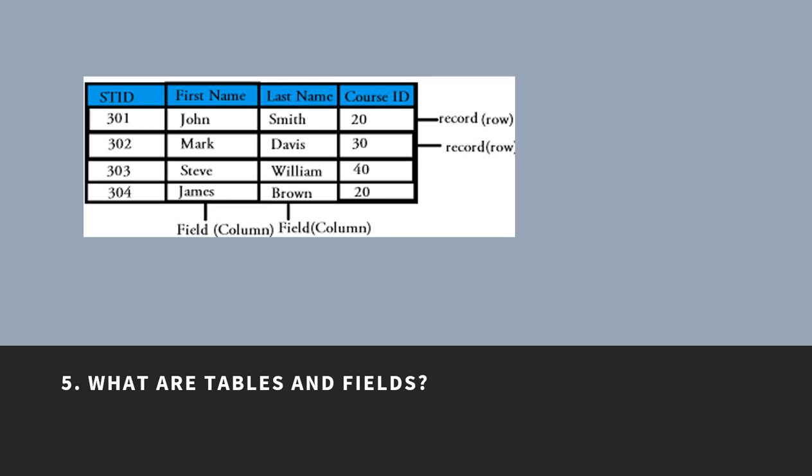A table has a specified number of columns called fields, but can have any number of rows, which are called records. For example, this is the field and this is the record. The fields are first name, last name, and course ID.